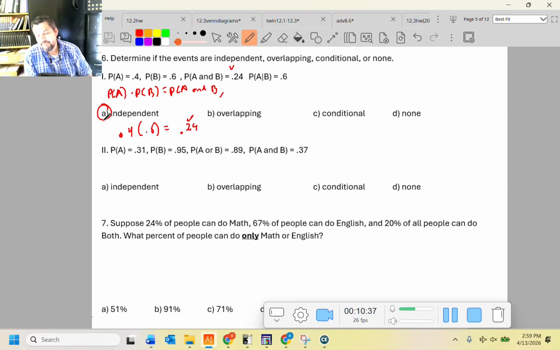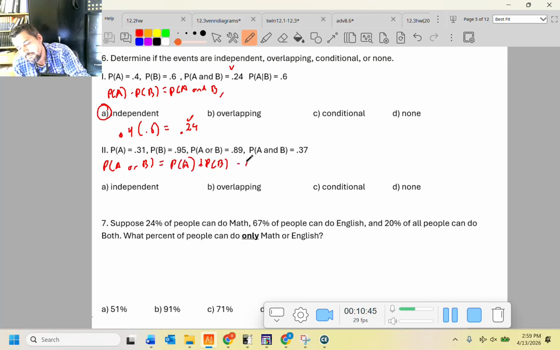Now, you also have your overlapping formulas. The probability of A or B should be equal to the probability of A plus the probability of B, take away the probability of both, if they're overlapping. So we do 0.31 plus 0.95. We take away the and, 0.37, and we hope that it equals this guy.